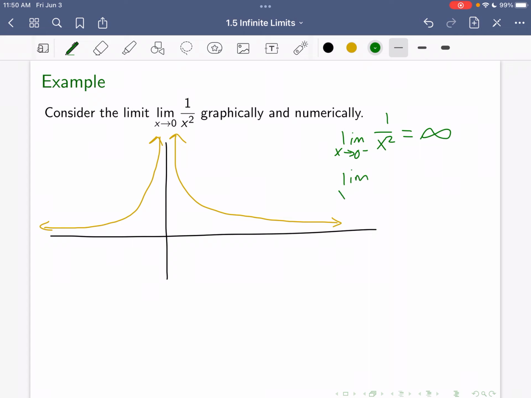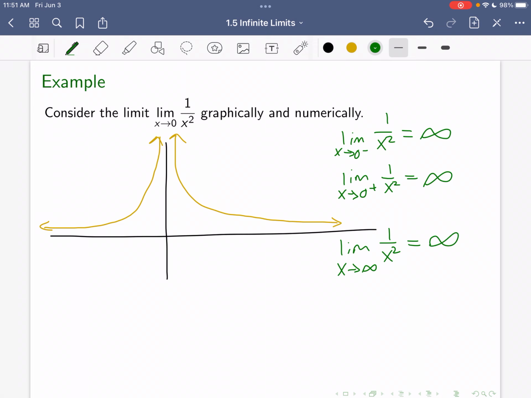As we approach 0 from the right, then that is also heading towards infinity. So what we will write, because these two things are heading towards the same thing, they're both heading towards positive infinity, we will say the limit as x approaches 0 of 1 over x squared is equal to infinity.